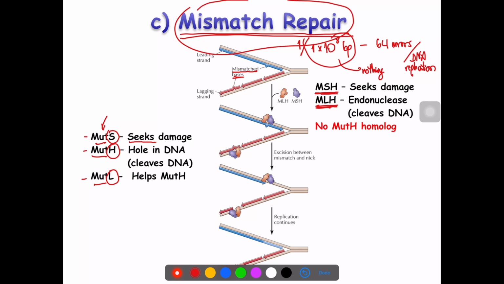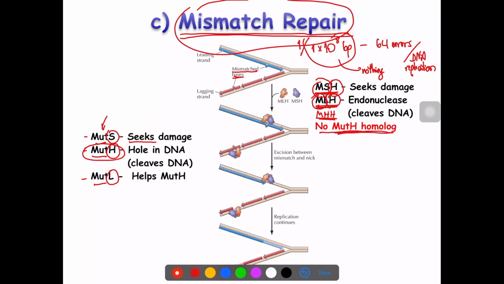Because of being homologs, they are referred to as MutS homolog and MutL homolog. So notice that the one that is missing is MutH homolog. So there is no MSH-H. There is no homolog to MutH in humans.